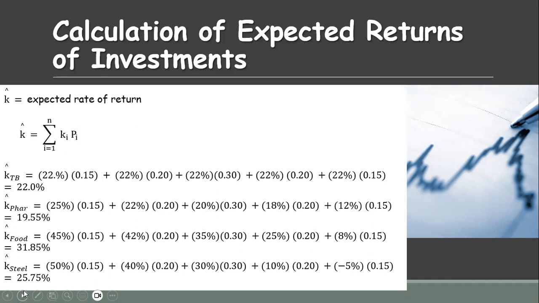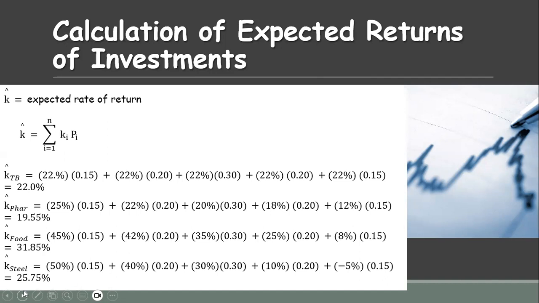Thereafter, in case of steel, in boom, the expected return is 50%, probability is 15%. Above average return is 40%, probability is 20%, average return is 30%, and probability is also 30%. Below average return is 10% and probability is 20%.